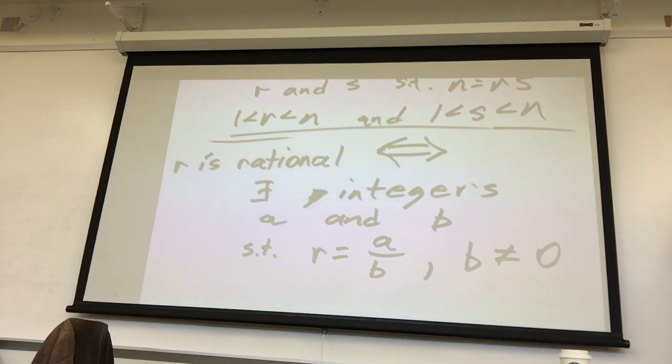So basically, rational numbers are anything that can be represented as a fraction. Infinite repeating decimals, yes, those can be represented as fractions. And something is irrational just if it's not rational. If it cannot be represented as a fraction, then it is irrational.